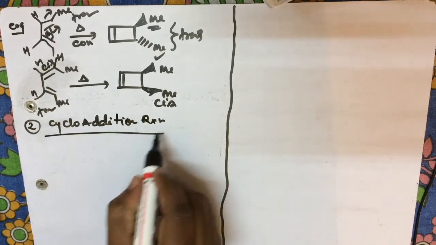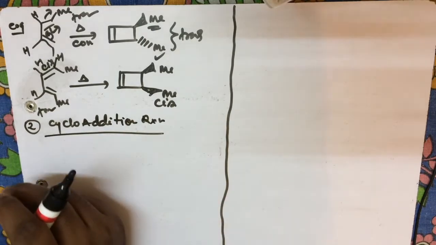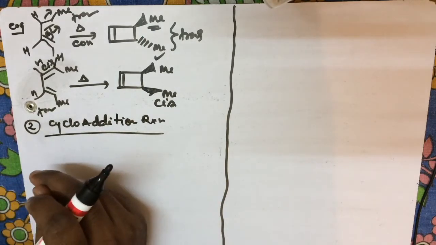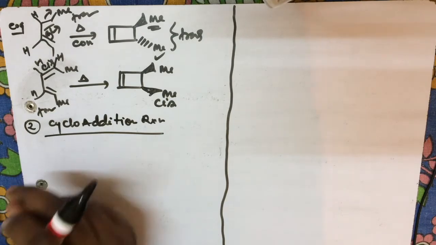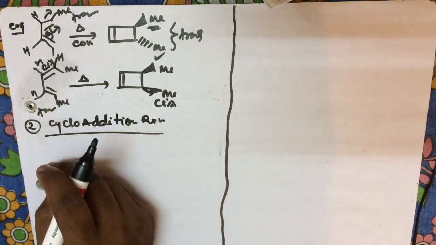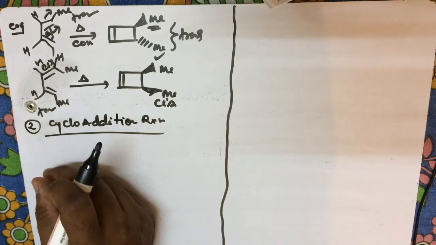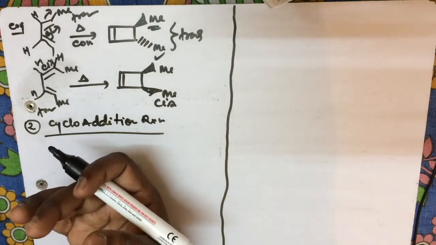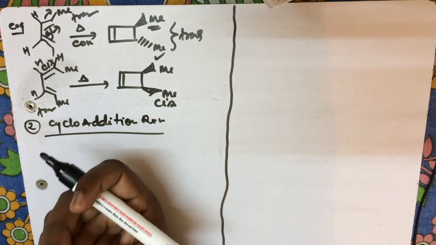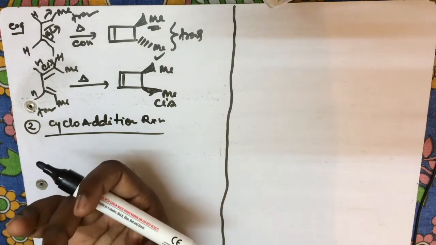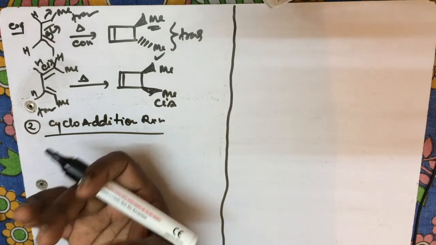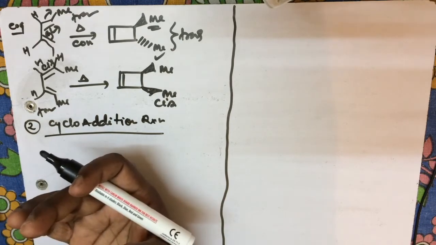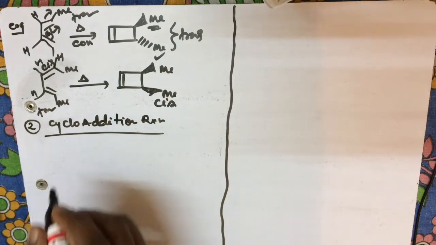So what is a cycloaddition reaction? It is basically where two unsaturated molecules undergo addition reaction and give a cyclic product. The formation of this cyclic product takes place through loss of pi bonds, meaning 2 pi bonds, and gain of 2 sigma bonds.